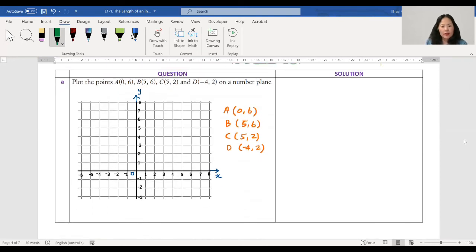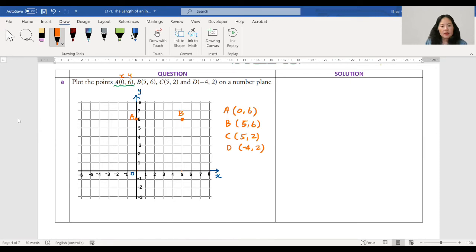All right, part A, plot the points. So there are 4 points. Let's have a look. I'm looking at the first one, 0 and 6. You start with a 0, it went up by 6, so it'll be here. That's my A. 5 and 6, that's B. So I went to the 5 on my right and went up by 6 right there.